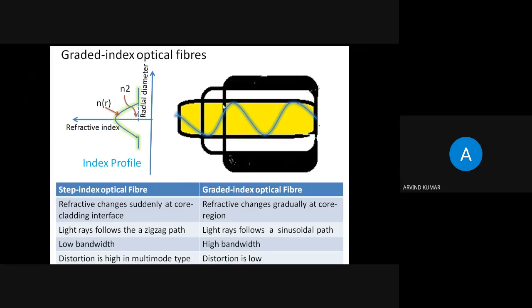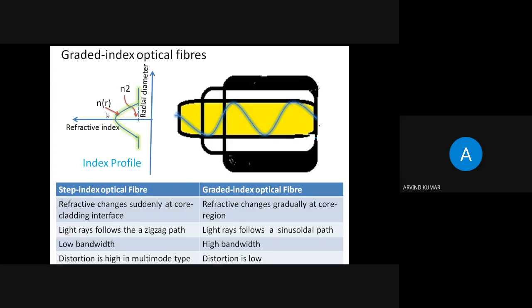What if we move, for example, from the center of the core to the core-cladding interface? We find that the refractive index is not constant here, but changes gradually within the core region.